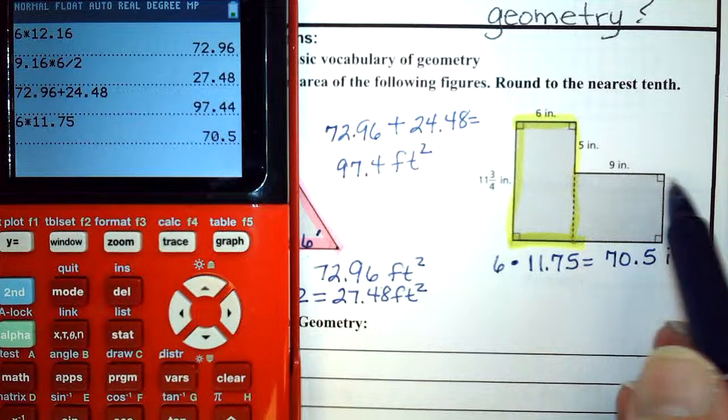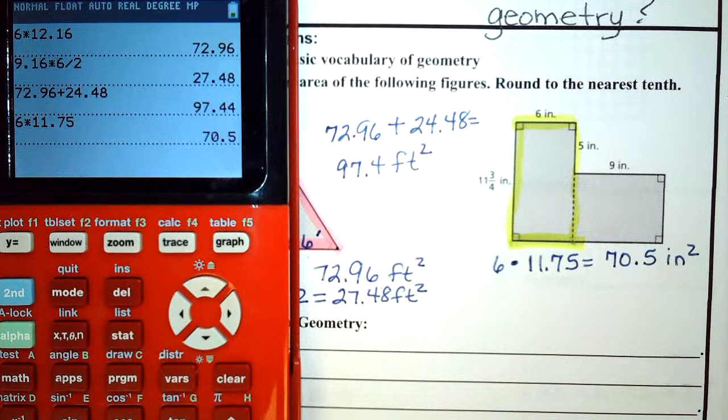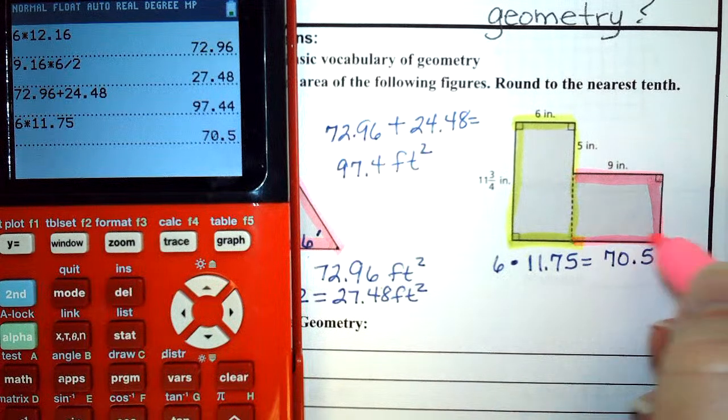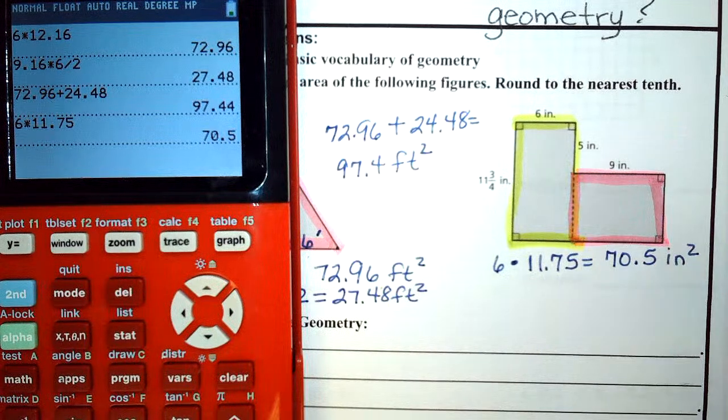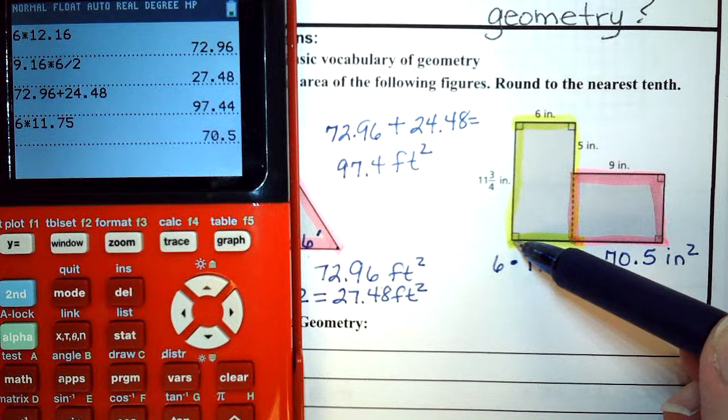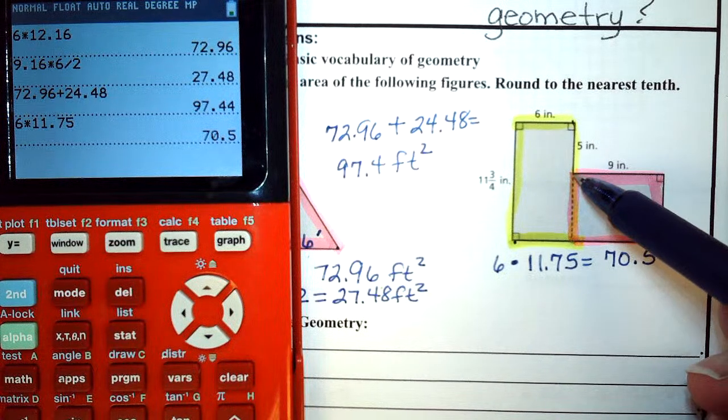Okay, this is 9, so I know part of the other, but do I know all of it? I am missing the height. But what do I know? I know the whole height here is 11 3/4. This piece here is 5.